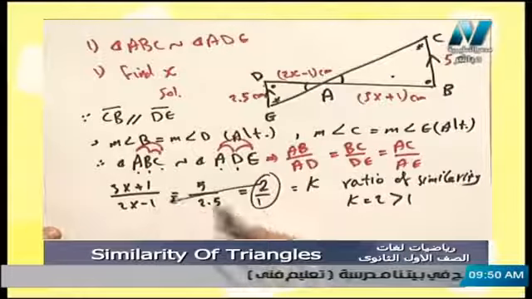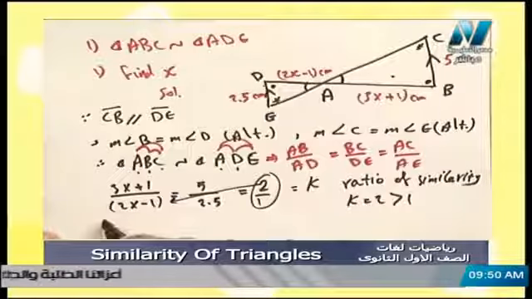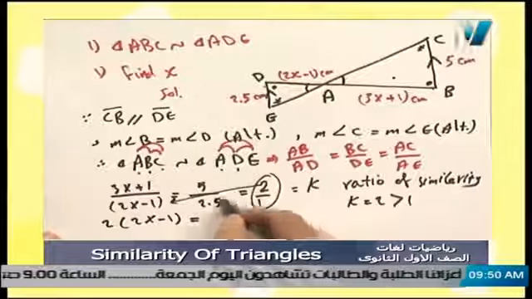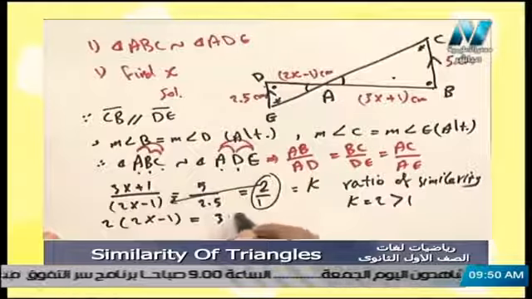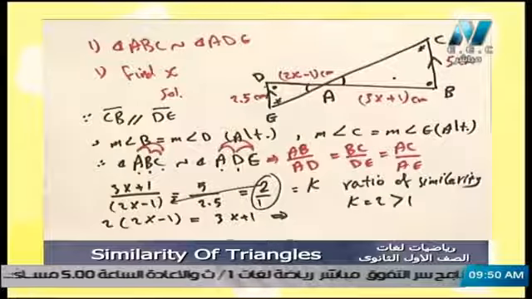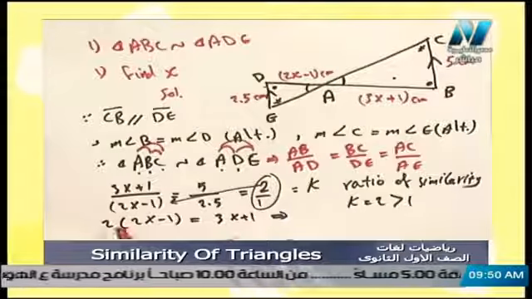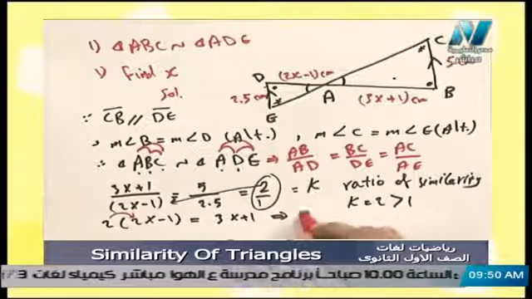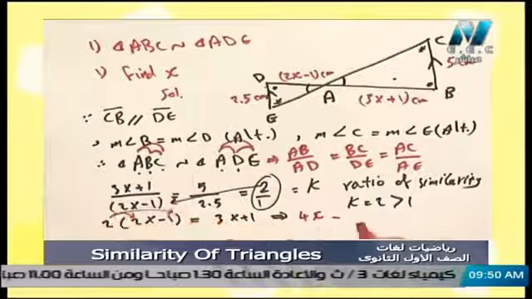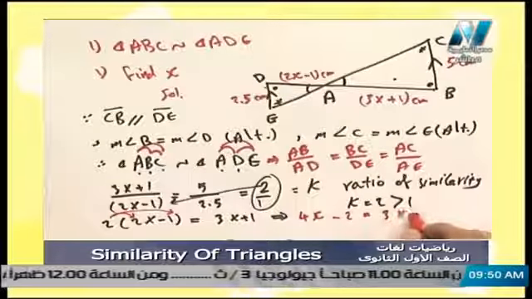We multiply 2 by 2x minus 1 equals 1 times 3x plus 1, which will be itself, because any number multiplied by 1 equals the same number. 2 times 2 equals 4, so it's 4x minus 2 times 1 equals 2, equals 3x plus 1.